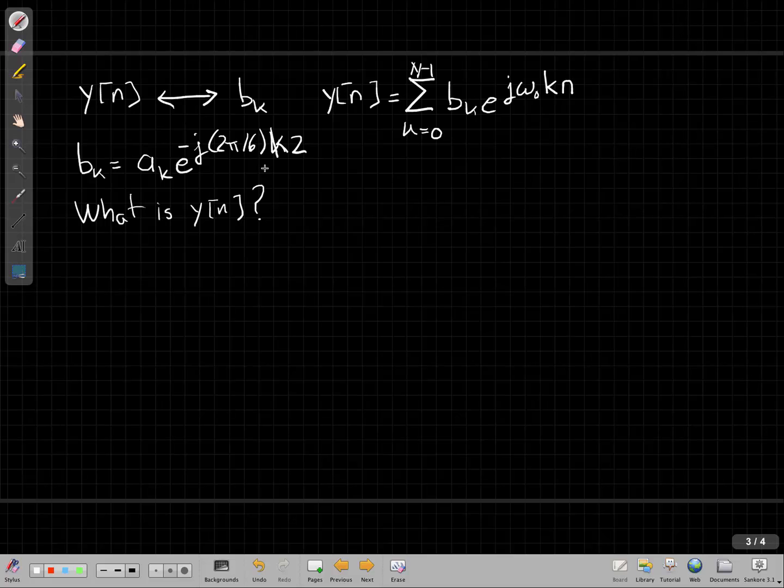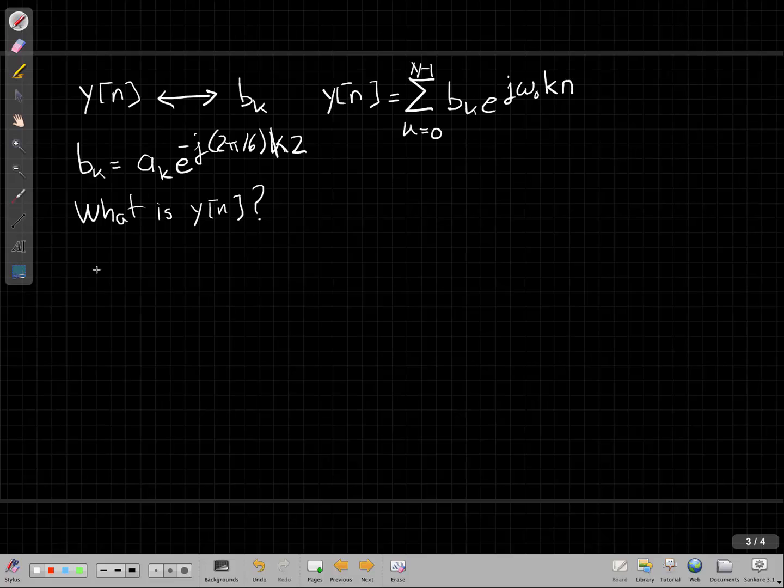Equivalently, what is the effect if I do this to the Fourier series, then use my synthesis equation, which is like a recipe for making y of n? I could plug all the values in, each k at a time, and turn the crank and grind away. But the whole point of Fourier series properties is they let you be a smart and lazy engineer and not have to do all that.